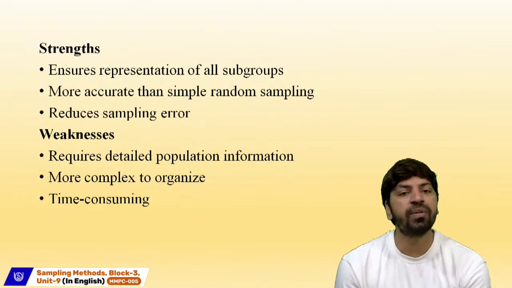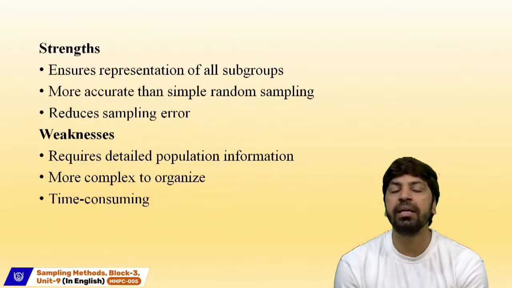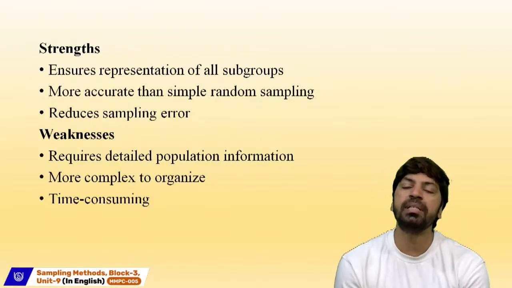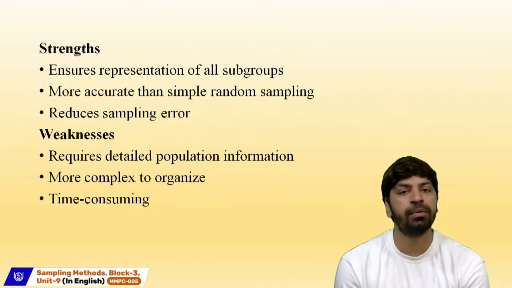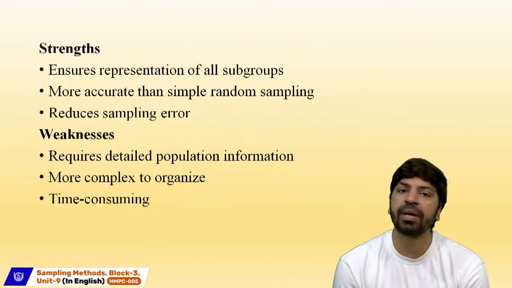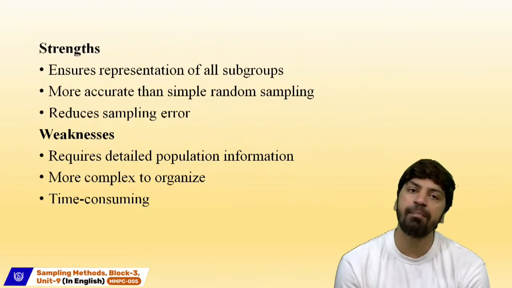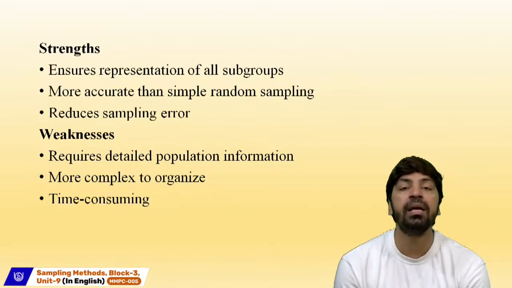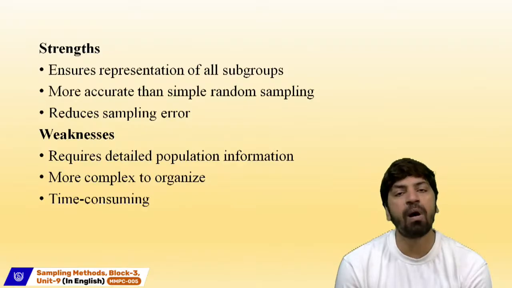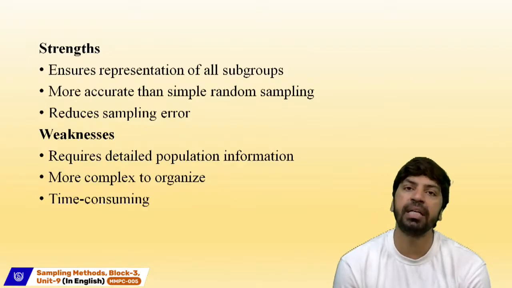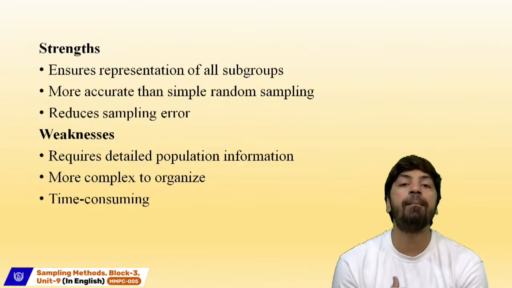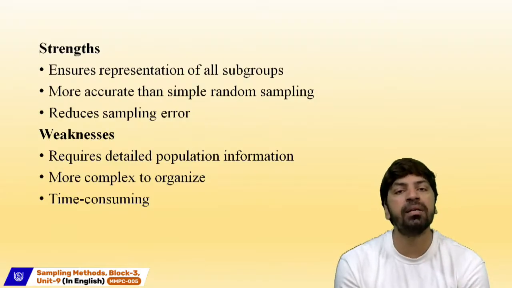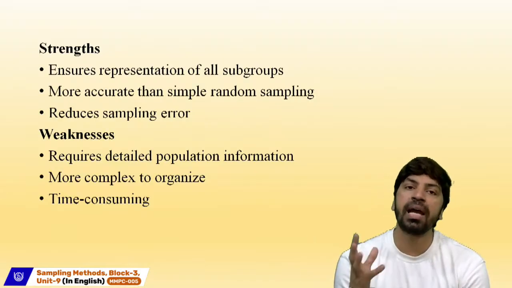What are the strengths and weaknesses of this method? It ensures the representation of all subgroups. It is more accurate than simple random sampling. It reduces sampling errors as well. One of the weaknesses: it requires detailed population information. It is more complex as compared to the other methods to organize the data.